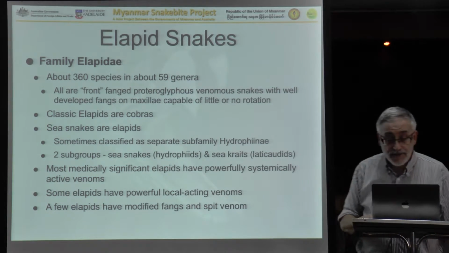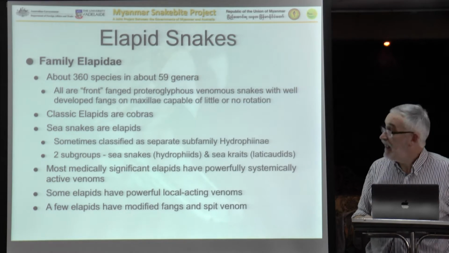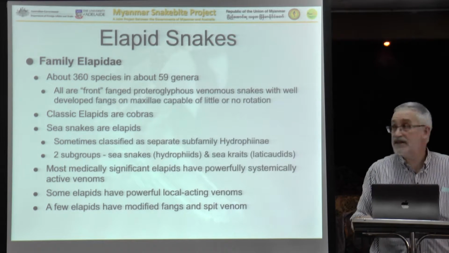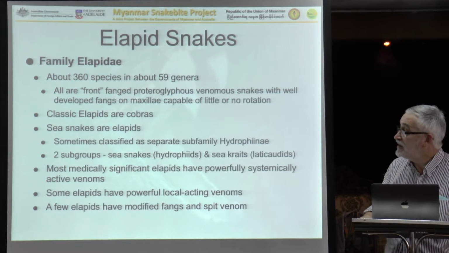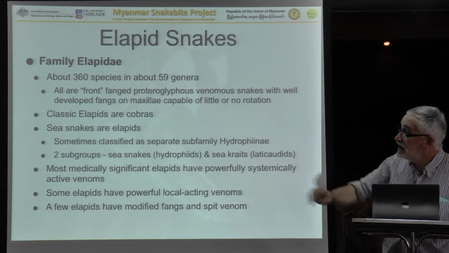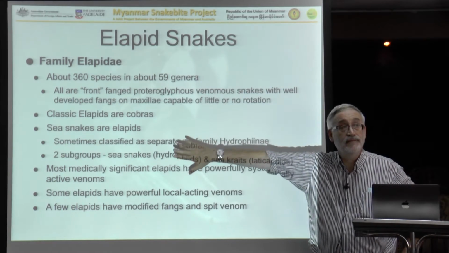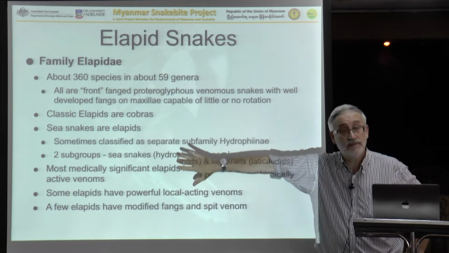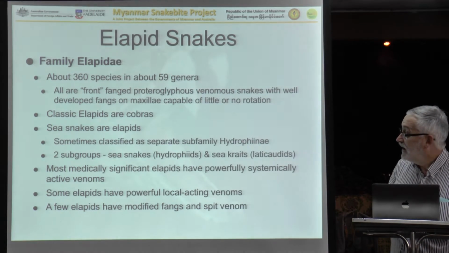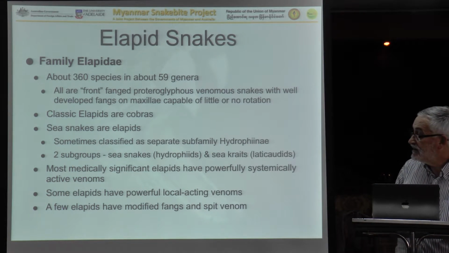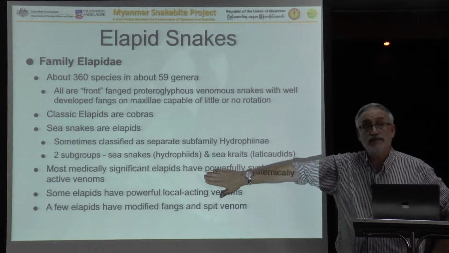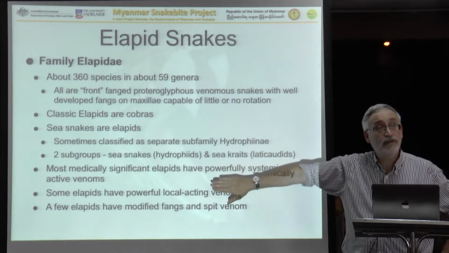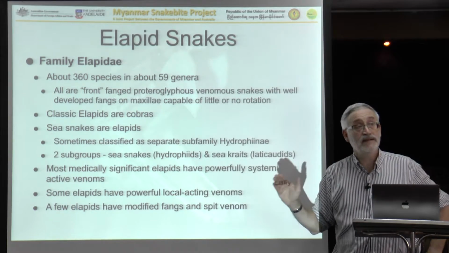So the family Elapidae, the Cobra family, has about 360 species in many genera, and it includes all of the sea snakes. So sea snakes are Cobra type snakes. Most elapid snakes, most cobra-type snakes, have powerfully systemically acting venoms.